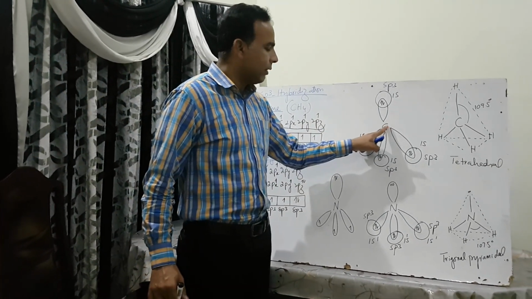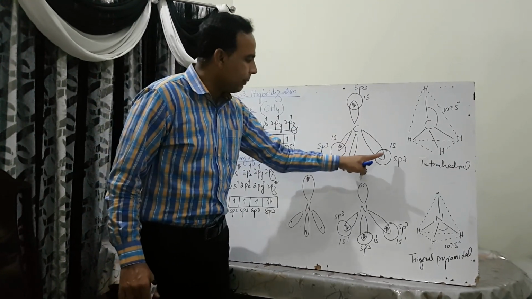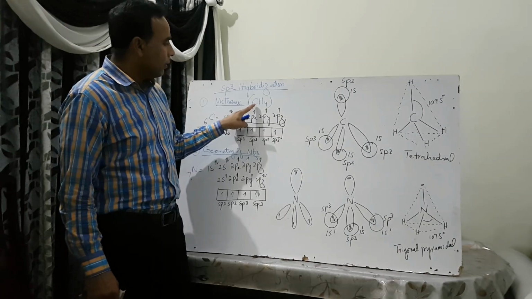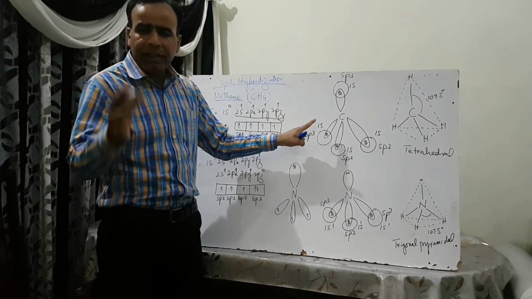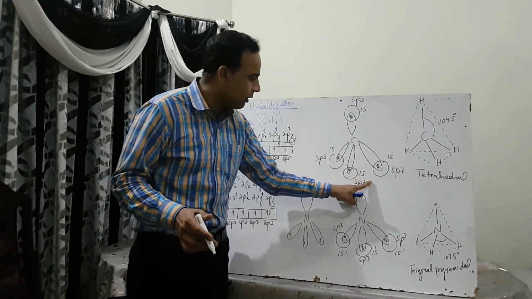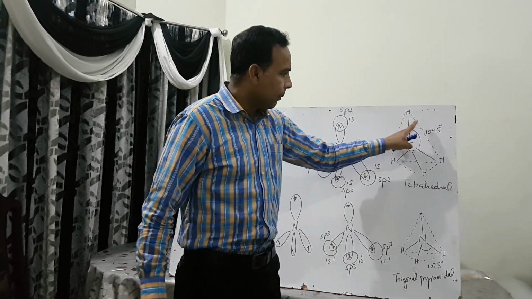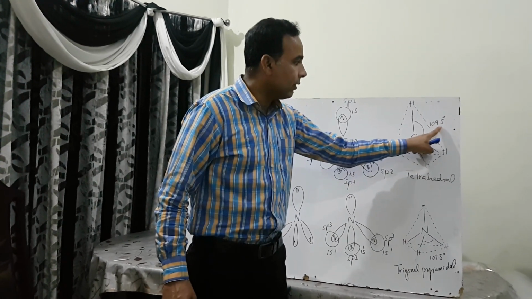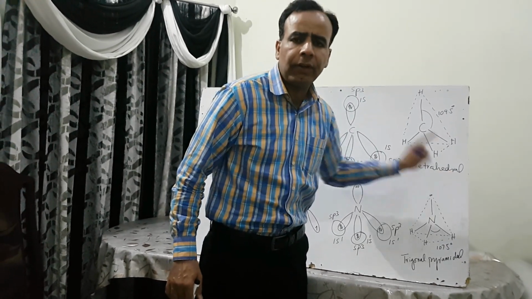This is the central carbon atom, and these are the 4 hybridized orbitals, and 1 hydrogen atom overlaps with each. In this way, the bond angle between hydrogen, carbon and hydrogen is 109.5 and its shape is tetrahedral.